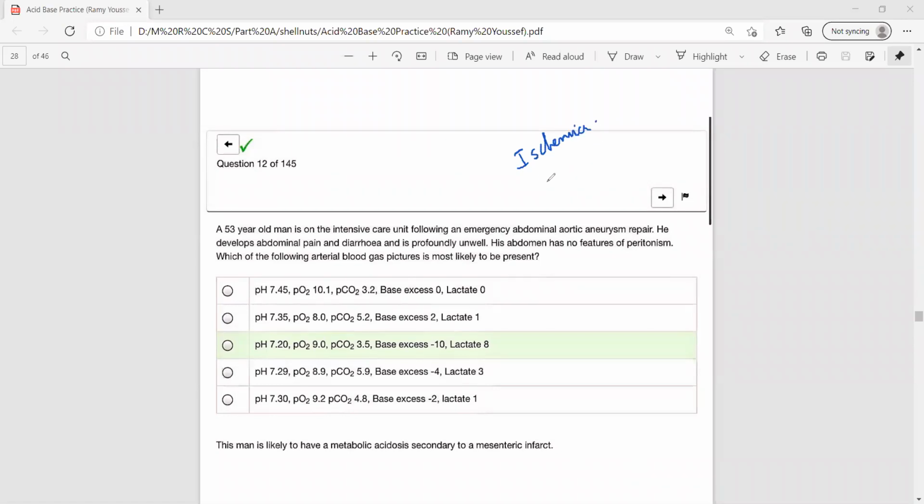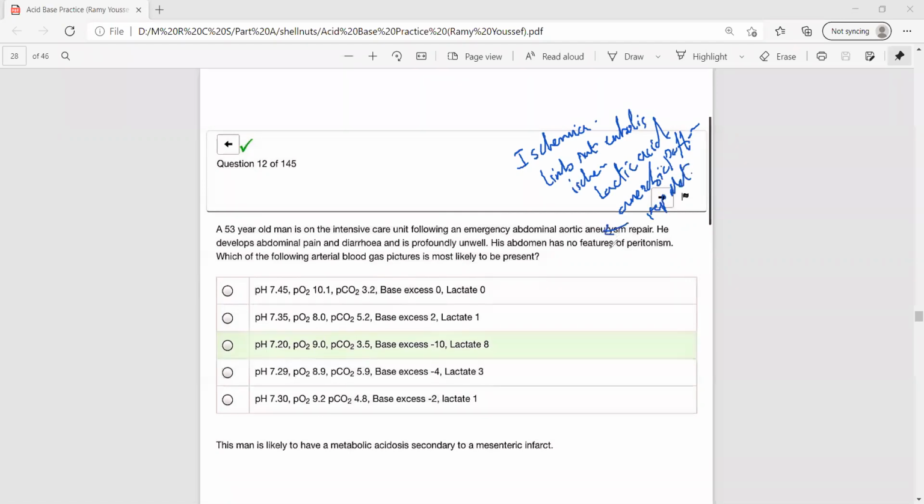If you have limb ischemia, acute thrombosis or acute embolism, what do you expect? Ischemic limb. Increased lactic acid production due to the anaerobic pathway of respiration and metabolism.